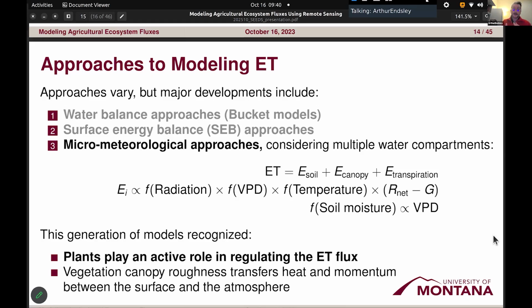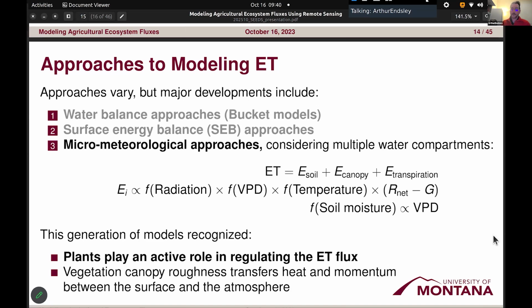These micrometeorological approaches generally take an approach where we know there are these various constraints or drivers of ET, the input radiation, the vapor pressure deficit, the temperature, but we don't know the exact functional relationship between some of these drivers and ET.